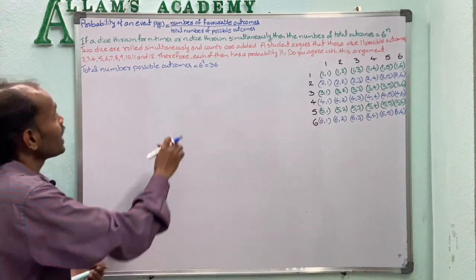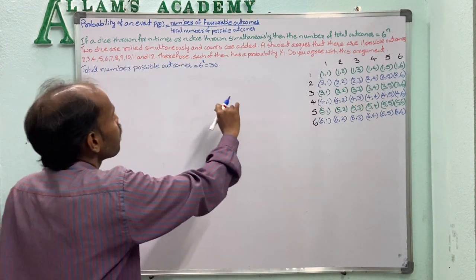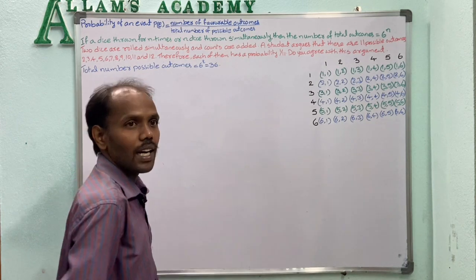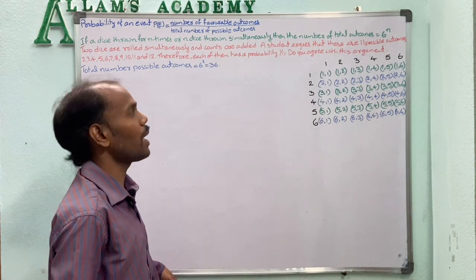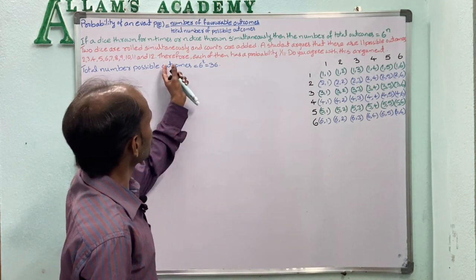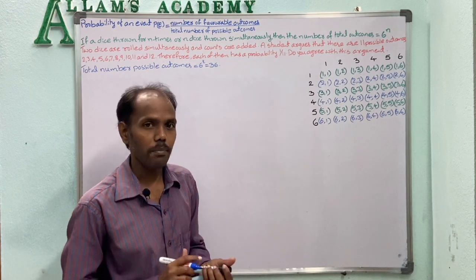Now, the student says the probability of each sum of the counts on the top faces is 1 by 11.